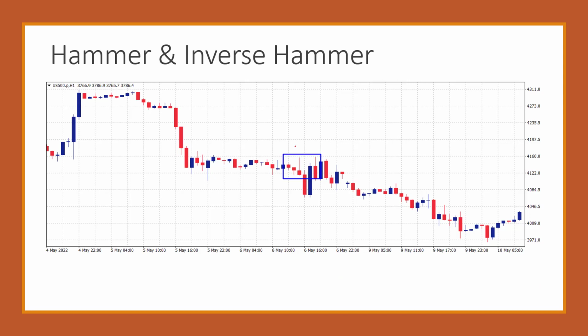Now, when you get to these sorts of candlestick patterns, or you get to a support or resistance level, the volume can be a very good indicator in telling you how much momentum there is behind a move to the upside or the downside. So for example, if we had this hammer pattern here, and then the corresponding candle was a bearish one, and the volume for it was very high, that tells us that there's a lot of momentum to go short.